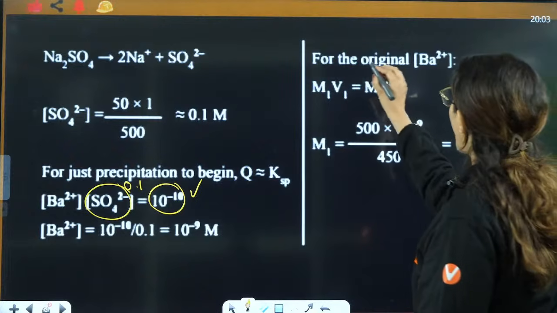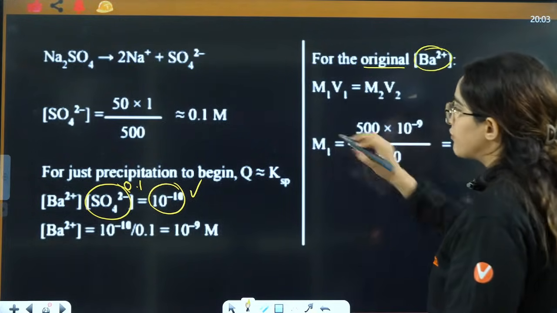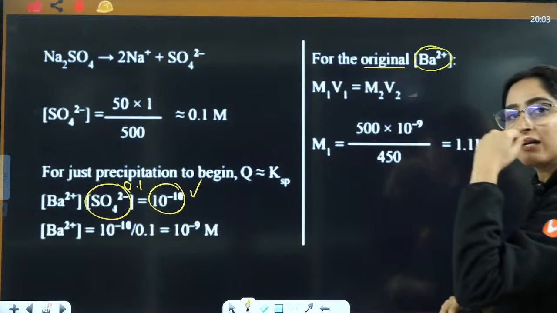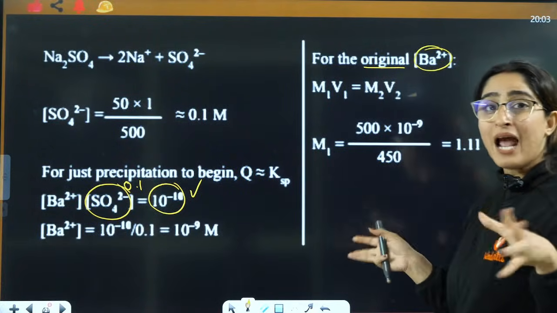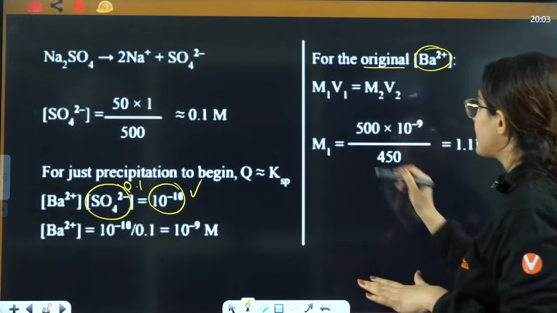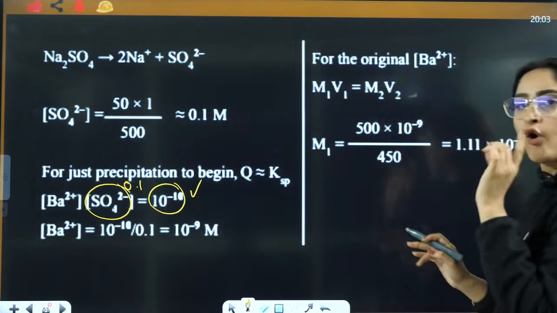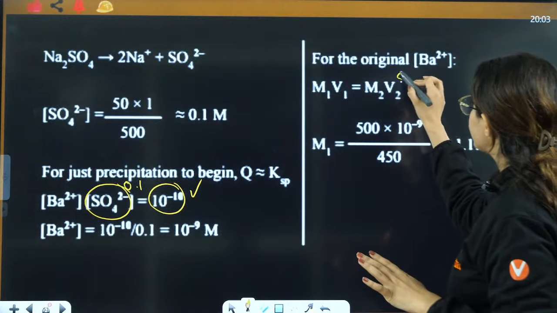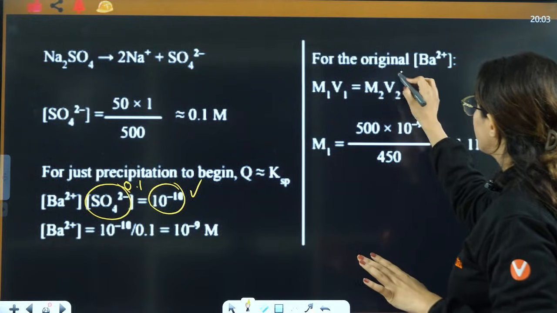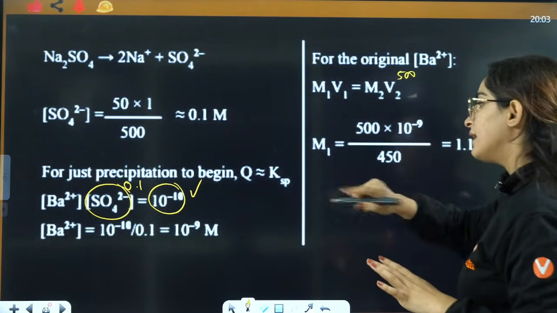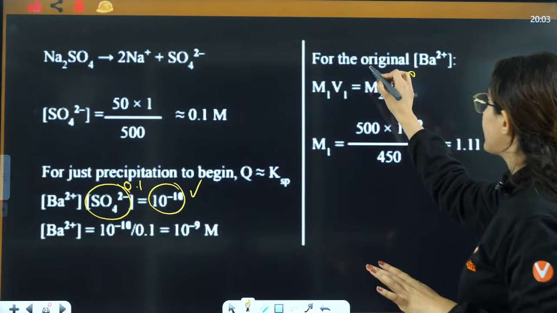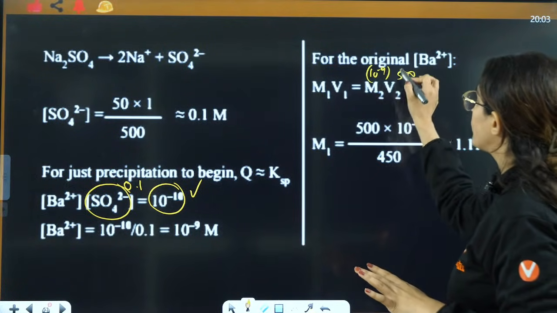Now for the original Ba2 positive, because you are adding two things, we can say M1V1 is equal to M2V2. When the volume is 500, it is 10 raised to power minus 9 that we have calculated here.